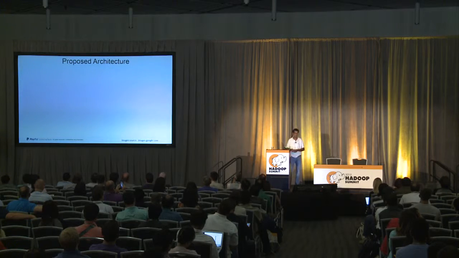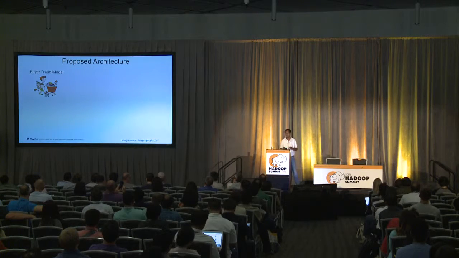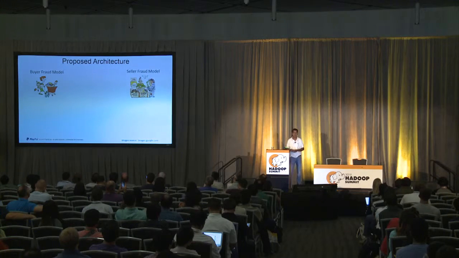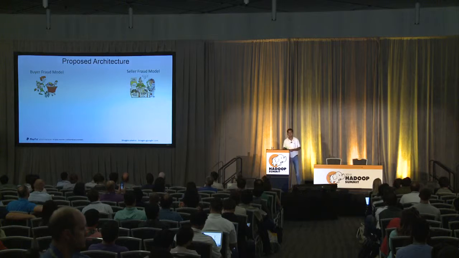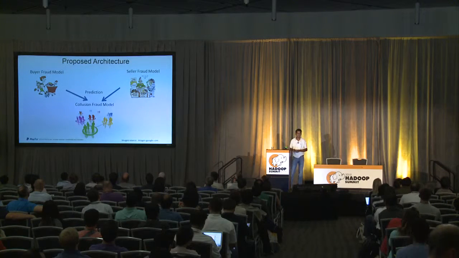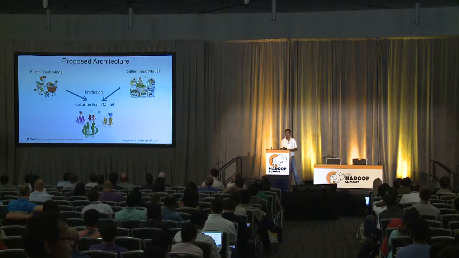So this is my proposed architecture. We build a buyer fraud model which intimately models the specific patterns the buyer goes through when transacting with PayPal. And we build a seller fraud model which models the seller transactions at the first stage. And we combine the predictions of the buyer and seller fraud models to build a collusion fraud model.